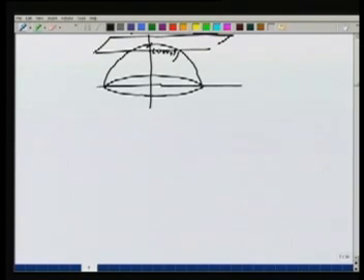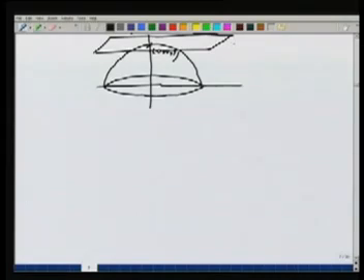This should be the tangent plane to the sphere at the point 0, 0, 1, because the plane is tangential to the sphere, and the equation of this plane is z equals 1. Z equals 1 is the plane parallel to the xy plane at the height 1. That looks like the tangent plane.